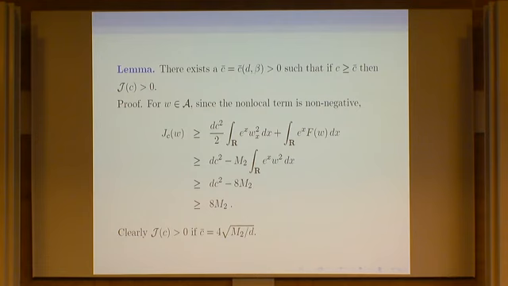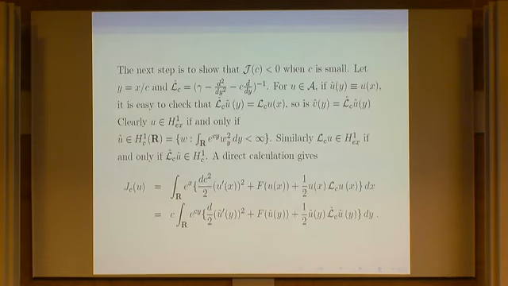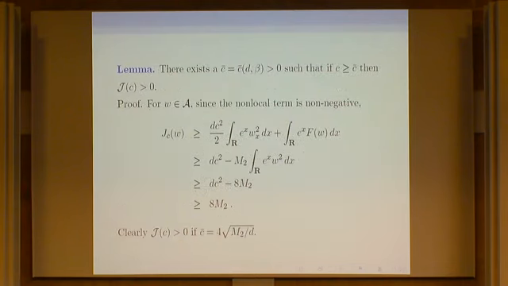Firstly, we know c cannot be too large. This is not so difficult, because if c is too large, you can find such kind of estimates, so this is positive. Let me explain that.